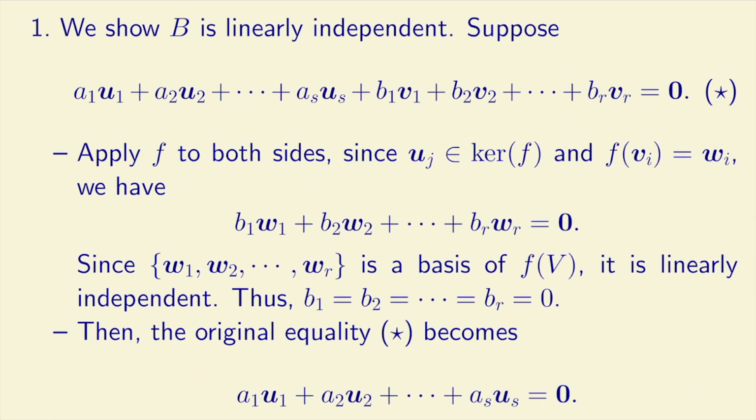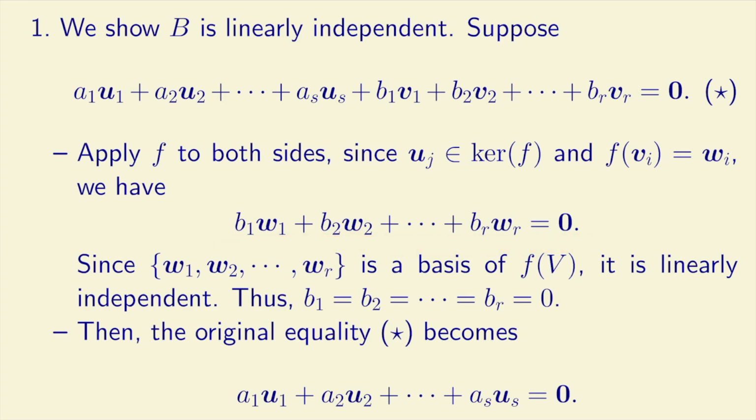First, we'll show it's linearly independent. We start by setting a linear combination of the vectors in B equal to 0. Then we apply f to both sides. Since the vectors uj are in the kernel, f of uj equals 0. So all of the u terms disappear, and we're left with b1 w1 plus ... plus bR wR equals 0.